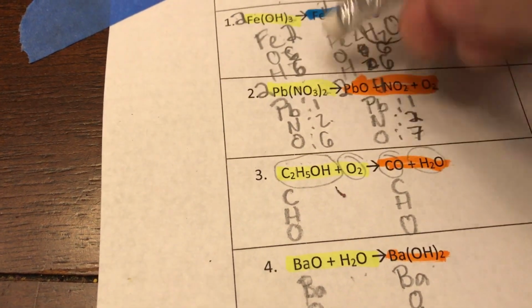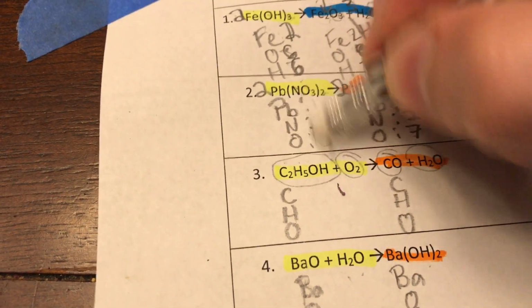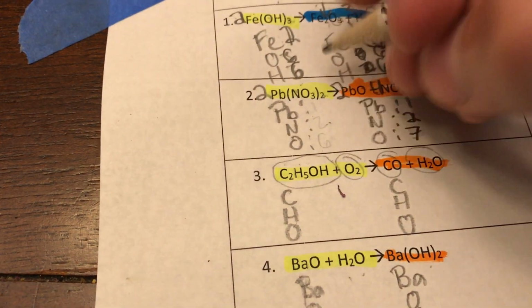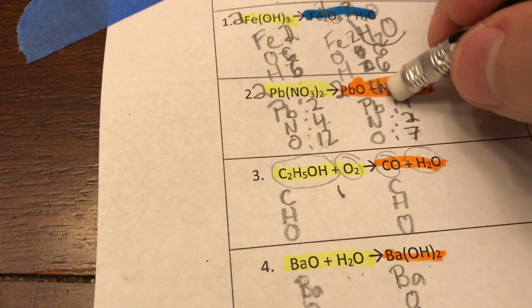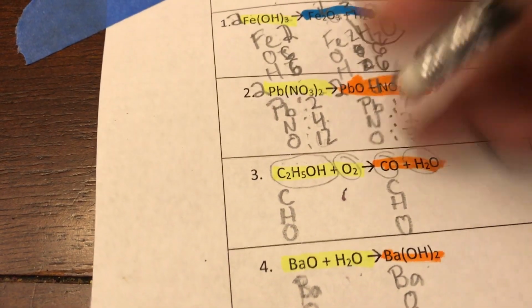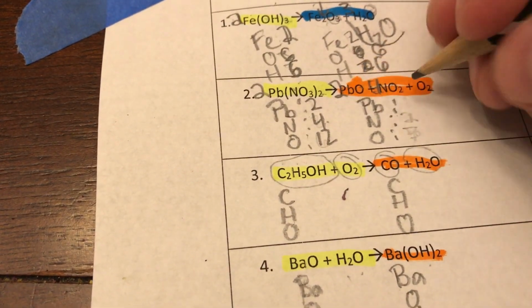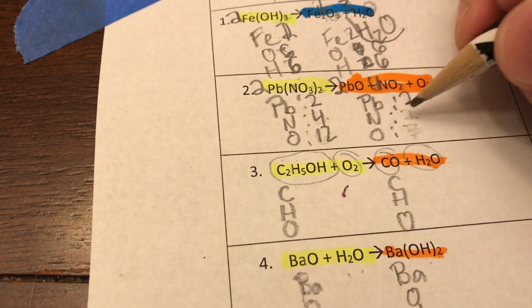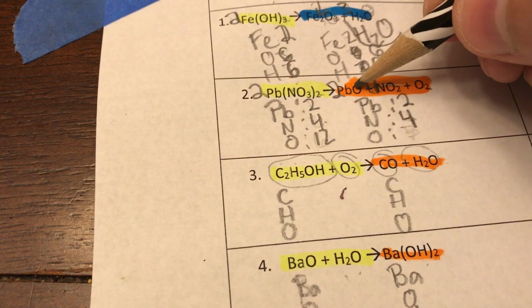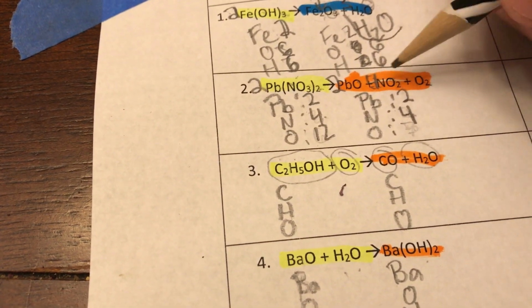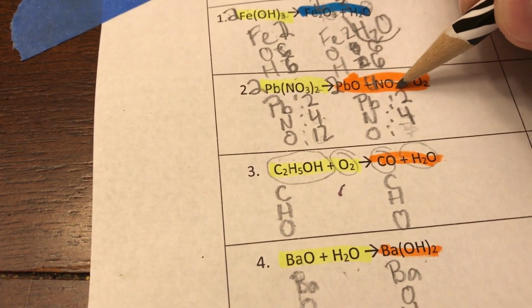When I do that, so this was 1, 2, 6. It's going to become 2, 4, 12. Then this is going to be 2 lead, 4 nitrogen. So that's nice and balanced. And then I've got 2 oxygen. 4 times 2, that's 8.